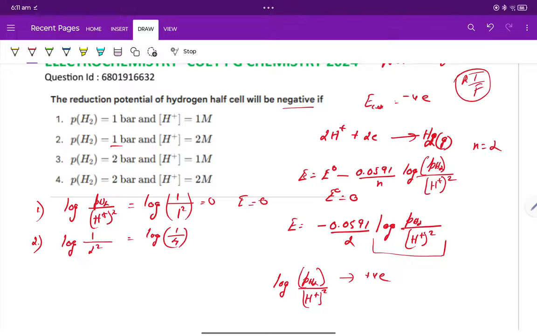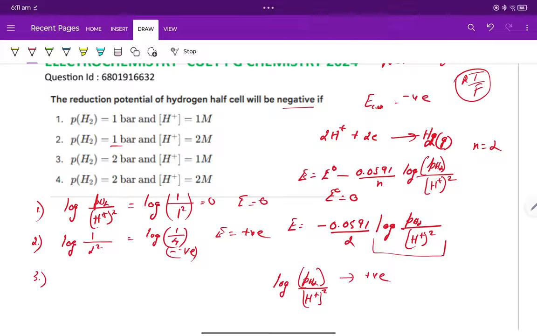Now of course, this log value will be negative. If this is negative, E will be positive. So you are not going to get a negative value here, since the log is of a number less than 1.